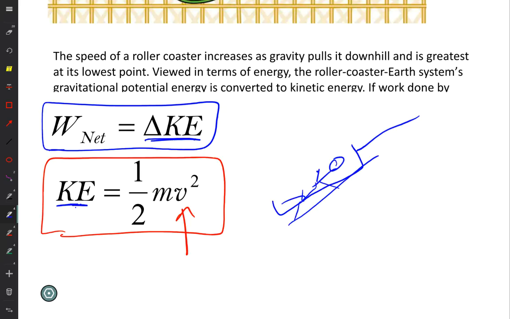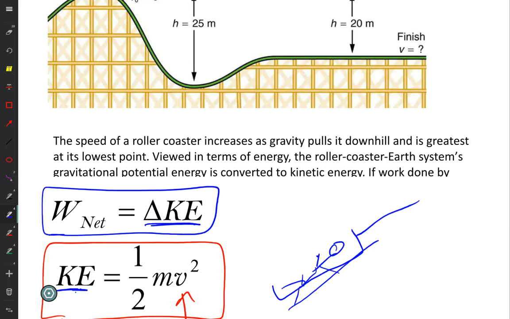Because we had not studied kinetic energy yet, the problem didn't mention kinetic energy in any way, but it had that statement there so there are no discrepancies in the problem. So work net, add up all the works, equals change in kinetic energy.